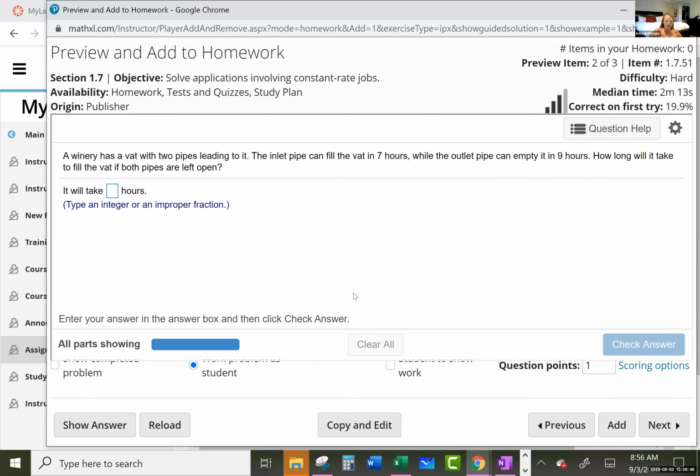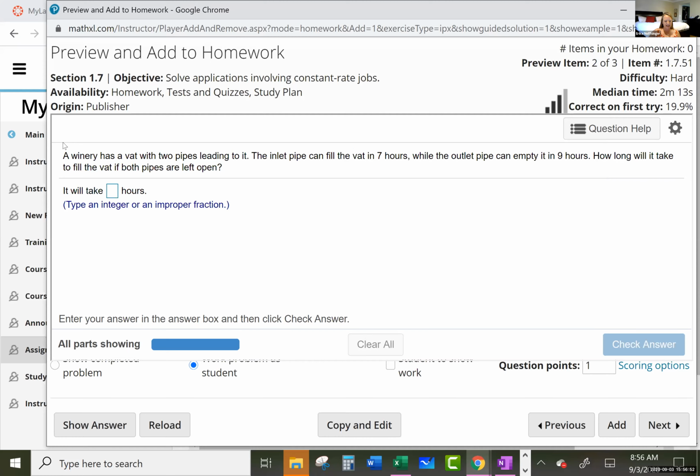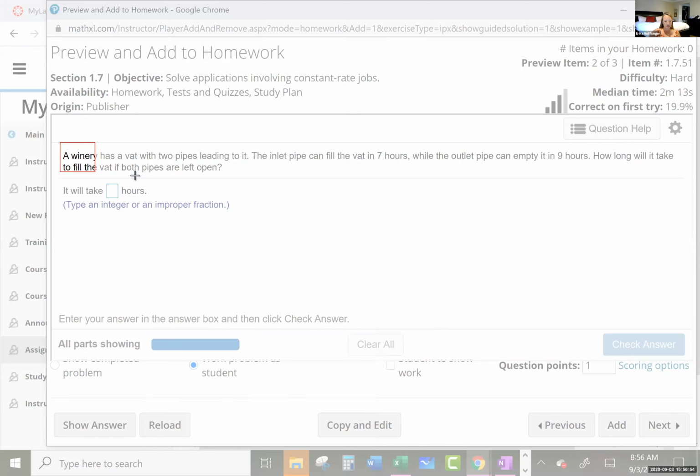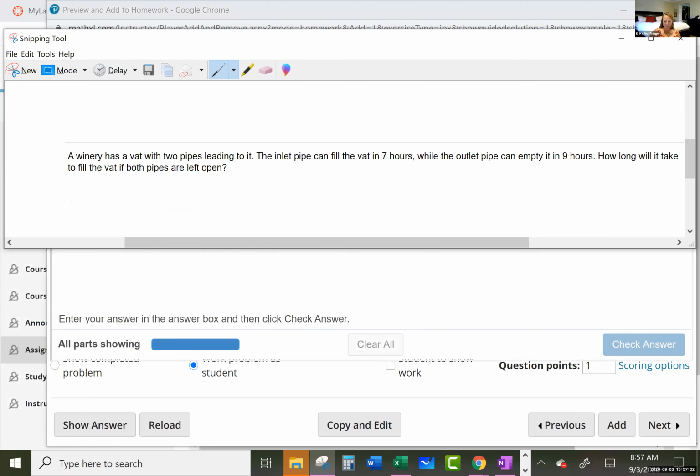And so a way to set this up is 1 over the time it takes somebody to do a job, plus 1 over the time it takes another person to do the same job, and so on, equals 1 over the total number of hours to do the job together.